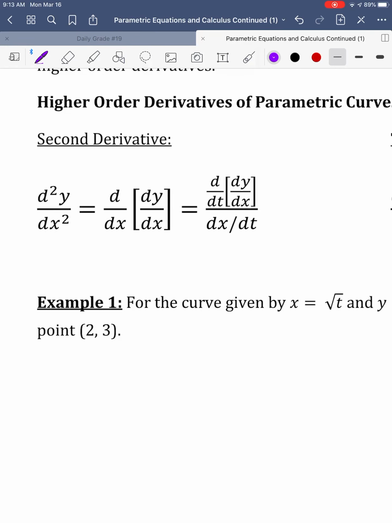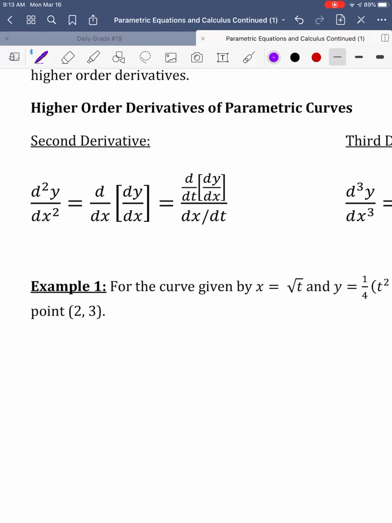So when I take a derivative of dy/dx, so d/dx of dy/dx, I'm taking a derivative with respect to x here, of dy/dx. When you do that parametrically, though, my inputs for dy/dx are time. You can't see that when it's written as dy/dx, but the input is t.